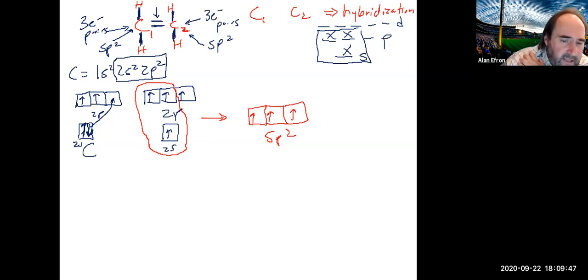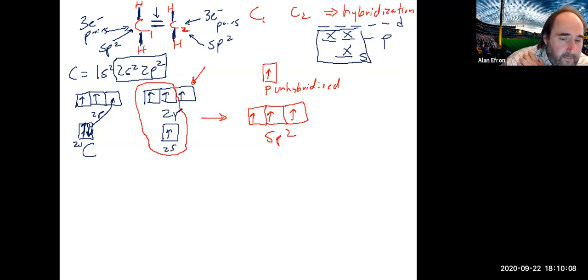But in addition to that, we have one of these p orbitals here that was not hybridized. So we also have an unhybridized p orbital. Any questions on that so far there?